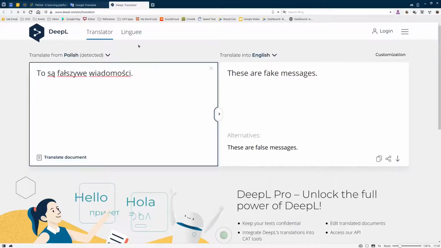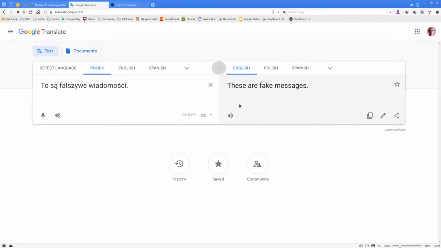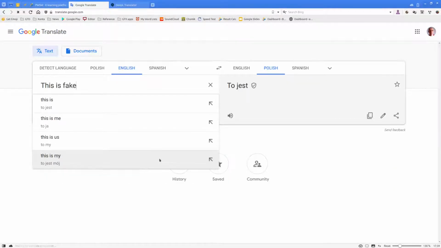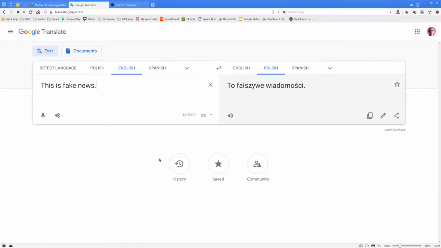So let's try something else. Let's switch between English and Polish, and let's type "this is fake news." And you can see that actually the translation is the same, except the verb has been left out.